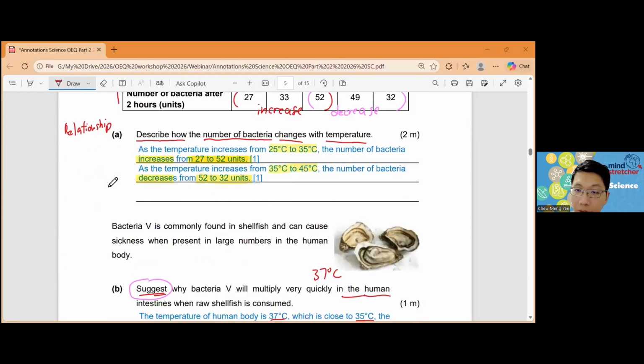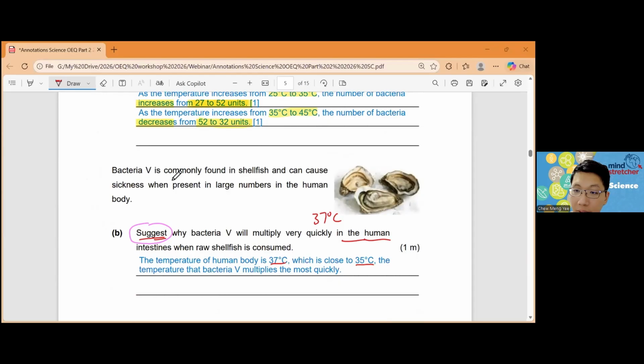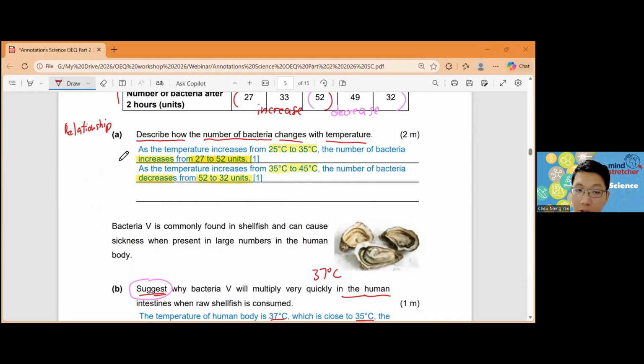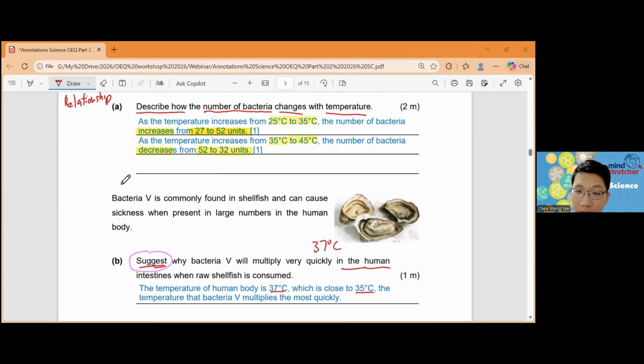Second part for question one. Amelia, what do you mean by second part for question one? You mean part A? Part A, I have two trends, so you need to put both trends. But one thing that I forgot to mention: usually when it's two trends, you look at the number of marks.